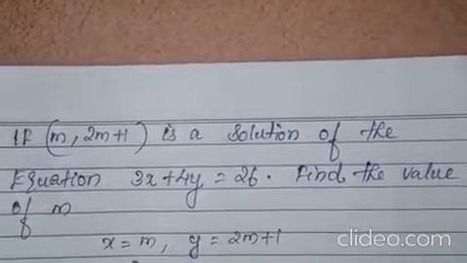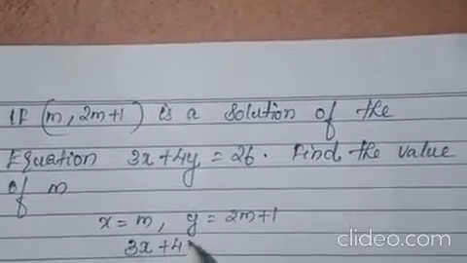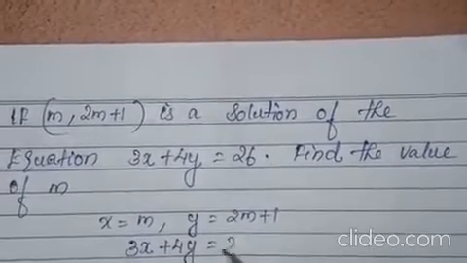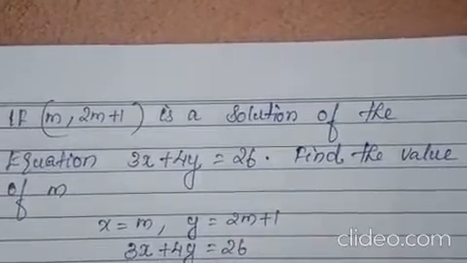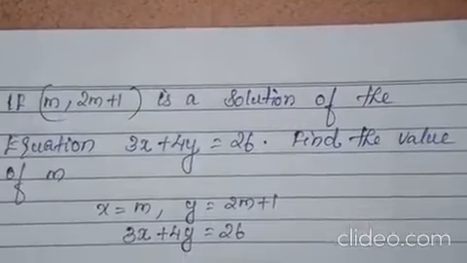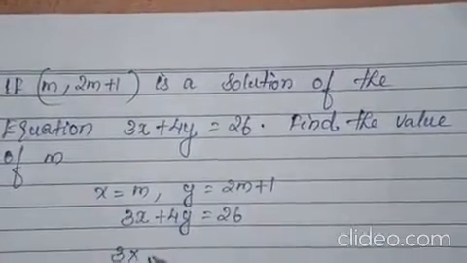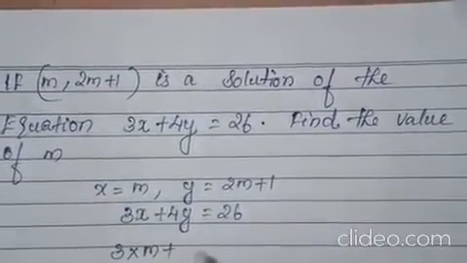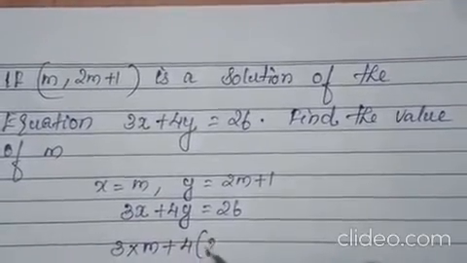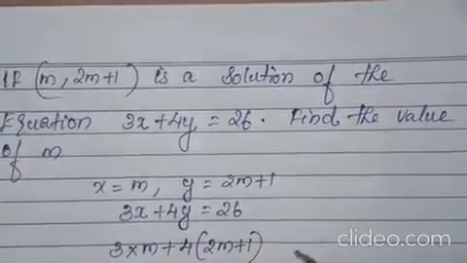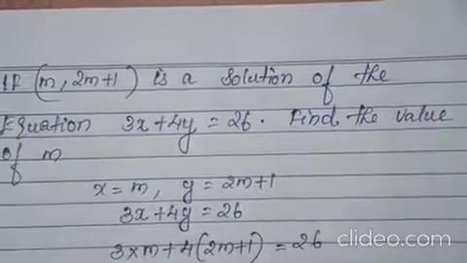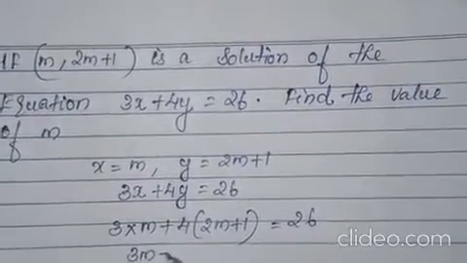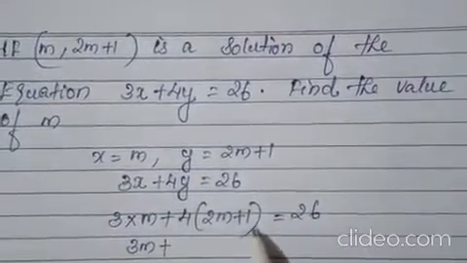So the given equation is 3x + 4y = 26. We have to substitute the values of x and y. So 3 into m, 3m, plus 4 into (2m + 1) equals 26.